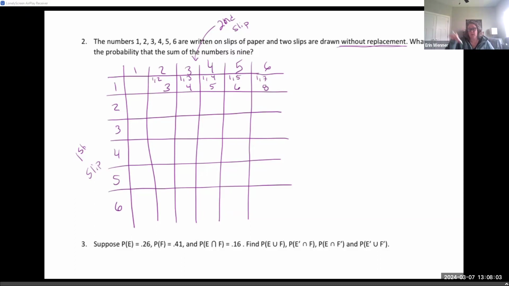Once we finish that row, we go down to the next row. I can do a 2, then a 1, giving me a sum of 3, but I can't get 2 2s in a row.